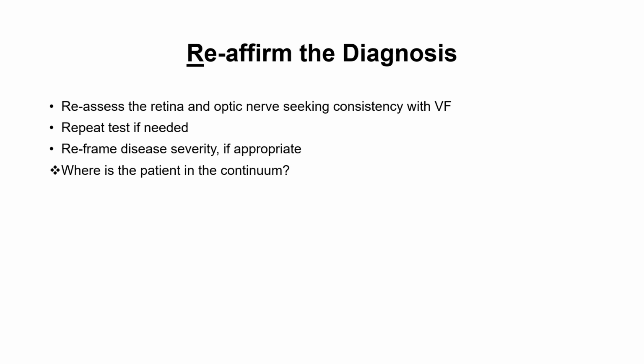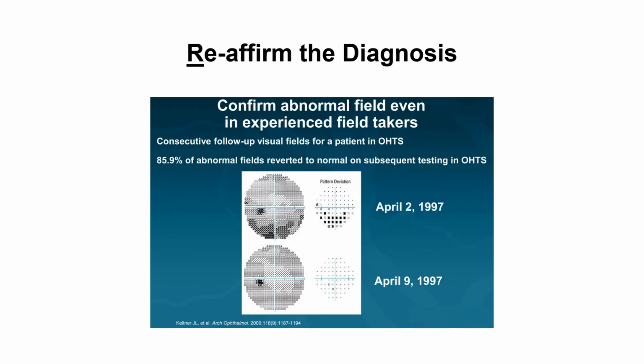You know that 85% of patients with abnormal fields in the Ocular Hypertension Study turned out normal after retesting. So please repeat the test if needed and reframe the disease severity if appropriate. Always reaffirm the diagnosis, confirm abnormal fields, even in experienced field takers.